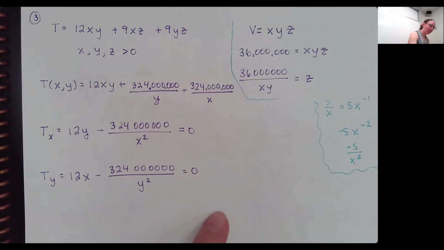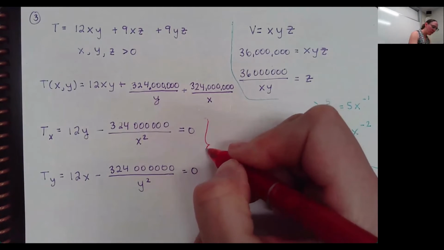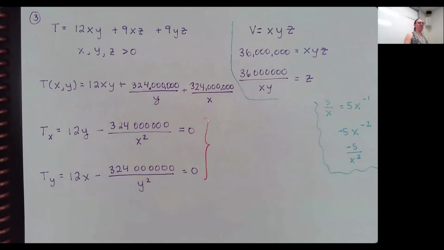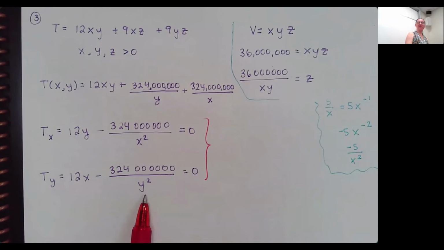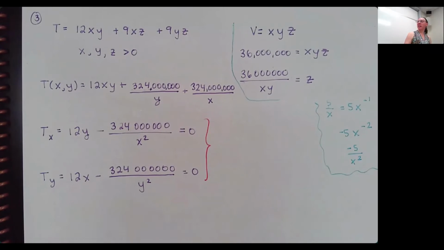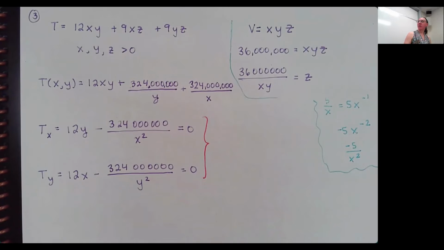They are not linear, but I am needing to solve this system of equations. So lots of options for how to proceed. Yes, so I could move this one over, solve it for y, and plug it in down here. I personally would like to get rid of the fractions on both of those.